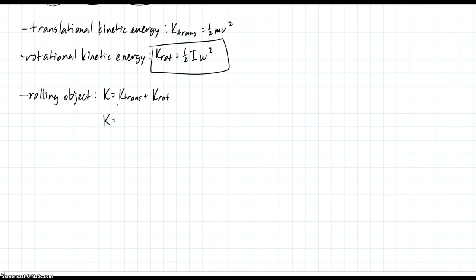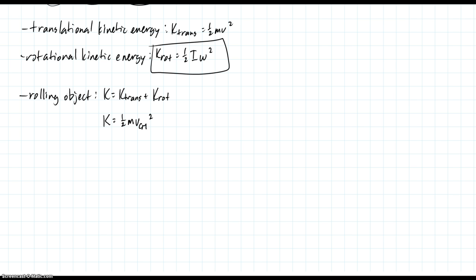And for the typical symmetric objects that we're going to be talking about, we have a translational kinetic energy 1/2 mv squared. I'm going to use a subscript cm there, referring to the center of mass.